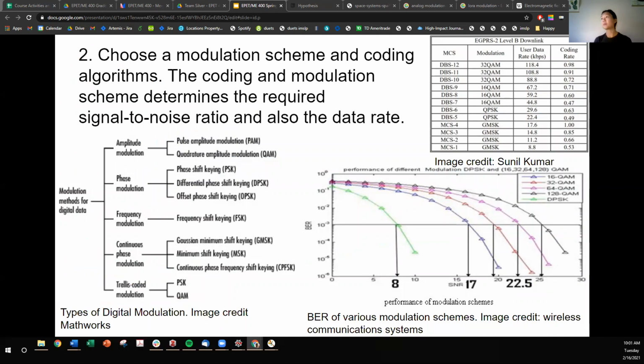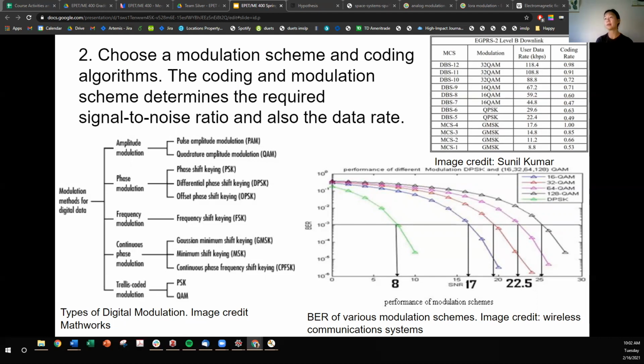Next, you choose a modulation scheme and coding algorithm. The coding and modulation scheme determines the required signal to noise ratio and also the data rate. So I should describe what a modulation scheme is. Modulation scheme is like the translation of ones and zeros to what the wave actually looks like.